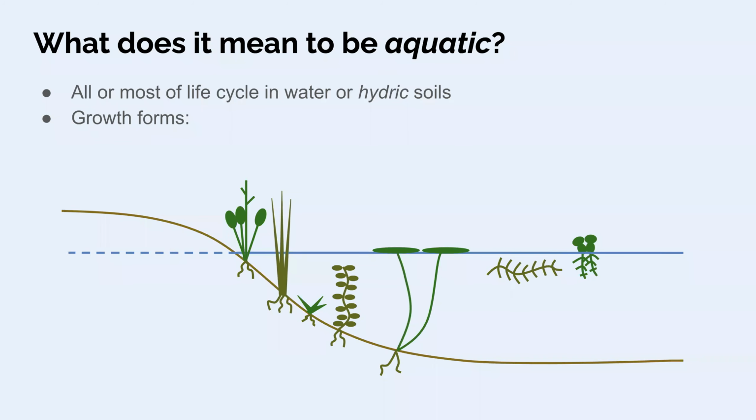So what does it mean to be aquatic? You probably have a rough idea of this. Plants have a similar aquatic history, an evolutionary history, to animals. So we have some aquatic plants that have always been in the water and some that have secondarily gotten there. I should clarify that. Plants that have always been in the water are more in the group we would call algae.